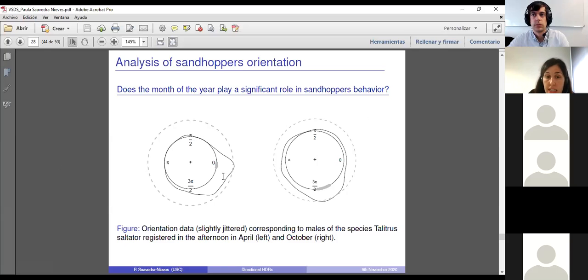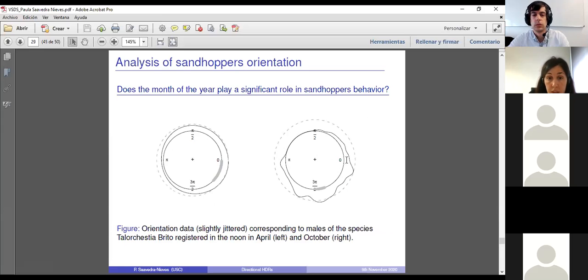As you can see, there exists a clear difference between the two sets. Here we have a cluster around P, but this cluster or mode does not appear in October. A similar situation occurs if we consider the Talitrus species, and we consider again the two different moments of the year to take measures.